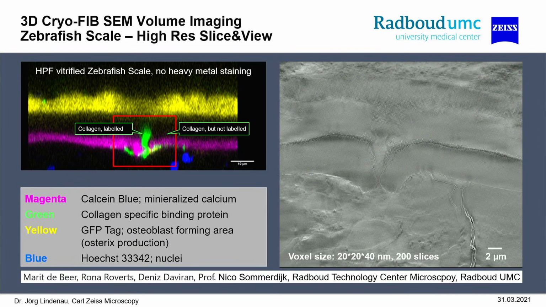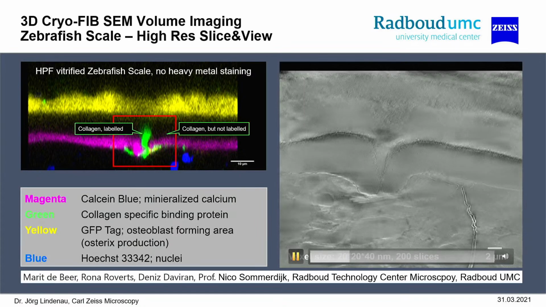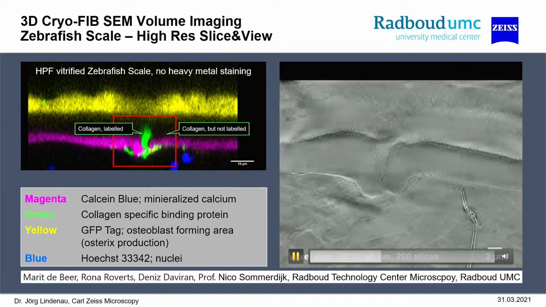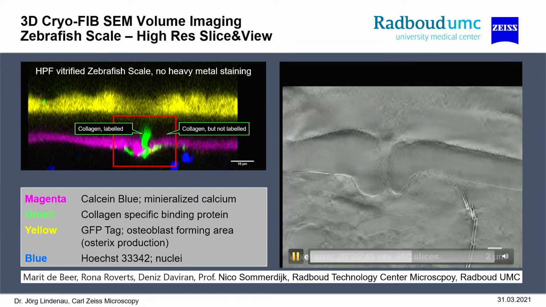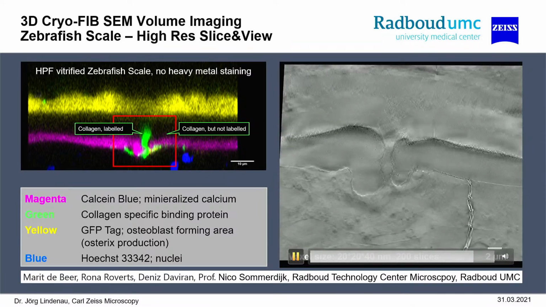And this is now coming to higher resolution. So here we start with a voxel size of, this should be a movie actually, we start with a voxel size of 20 by 20 by 40 nanometer in the crossbeam, and this is the area of interest where the collagen is obviously organized, or the calcification.